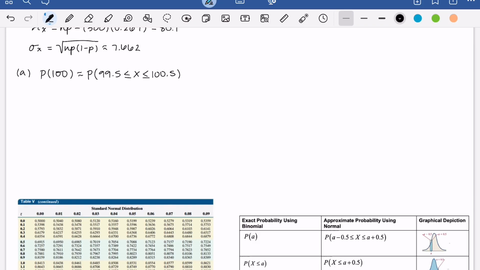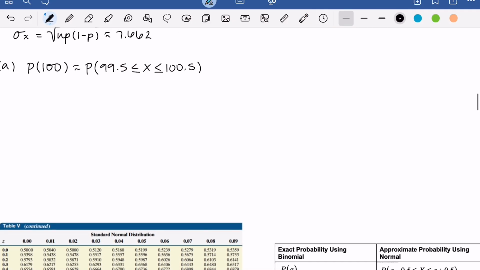And we know from the last video, what we're going to do is transform these x values into z-scores. So we're going to do so a little bit differently than we saw in the last video. Instead of getting the individual z-scores, which I called z1 and z2, and then drawing the area and going that route, I'm going to just leave it in this format here. So what I mean is our first x value that we're transforming into a z-score is 99.5.